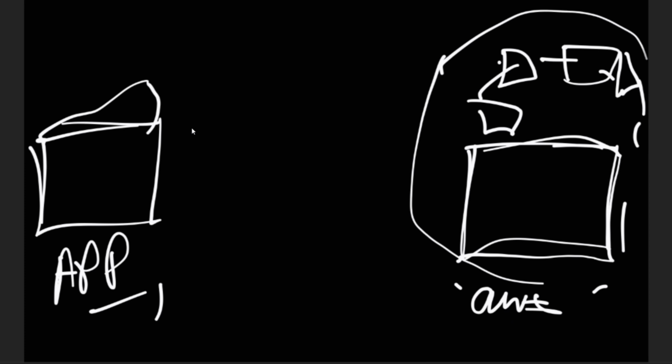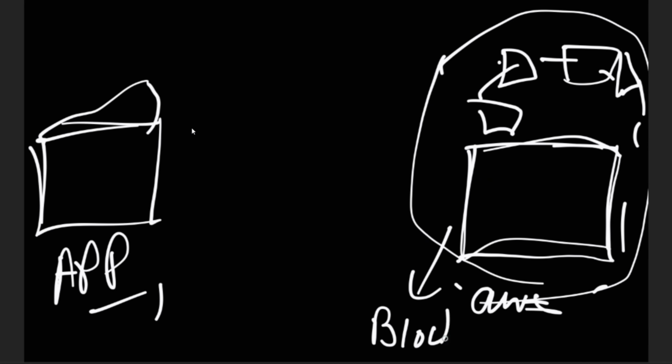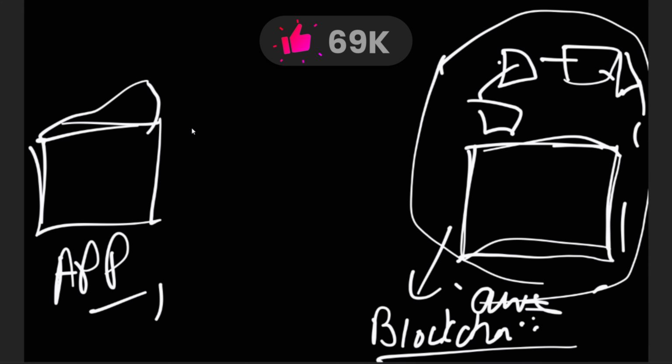So if you compare this with the normal application and server terminology, imagine your blockchain as a server, a similar concept to AWS, but decentralized, meaning it is not a single computer but a collection of small computers talking to each other and forming a huge computer all together. So you can call this a blockchain, right? Not an exact explanation, but this will help you understand the concept. So this is the blockchain.